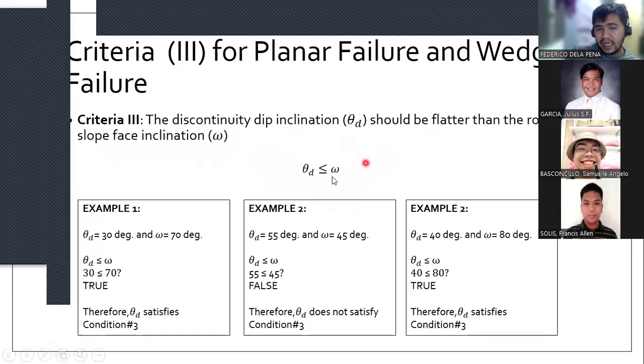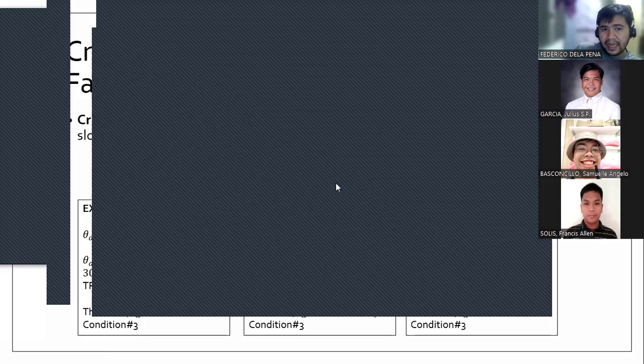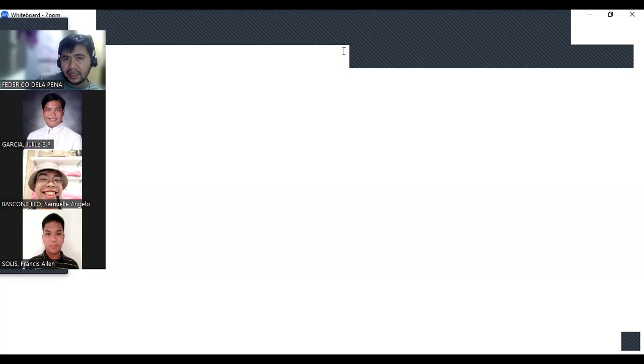Okay, so that's basically the rationale behind this. So the bottom line here is that the discontinuity has to be less steep compared to the slope face inclination. Like in this illustration, sorry, it's already gone.